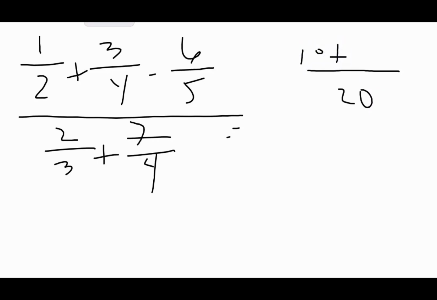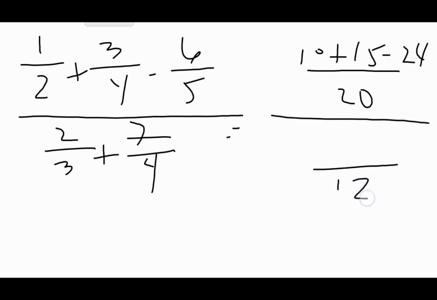Plus 20 divide 4 is 5 times 3 is 15. 20 divide 5 is 4 times 6, that's 24. Over this one, that's 12.